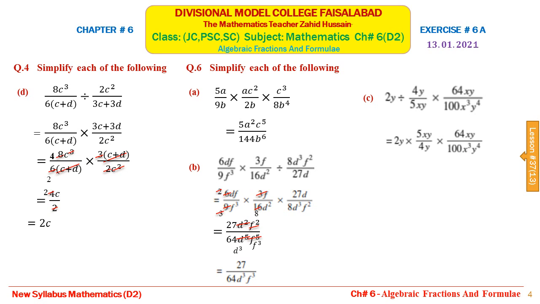Now we will cancel the common factors. 2y 1s are 2, 4y divided by 2y will give us 2. 5xy divides 100x cube y to the power 4 and gives us 20x square y cube.